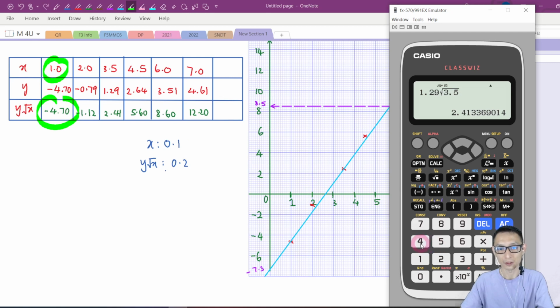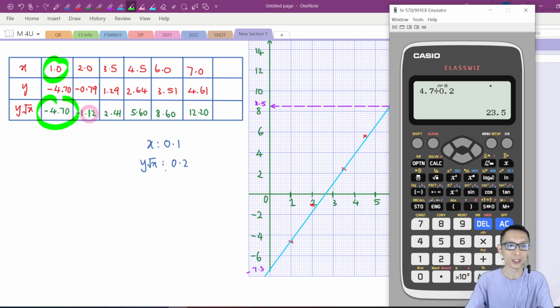Key in your calculator 4.7 divided by 0.2, because we know that a small grid is 0.2. From here, I know that I need 23.5 small grids. So this is 10, 20, and 23, 0.5, between the 23rd and 24th.